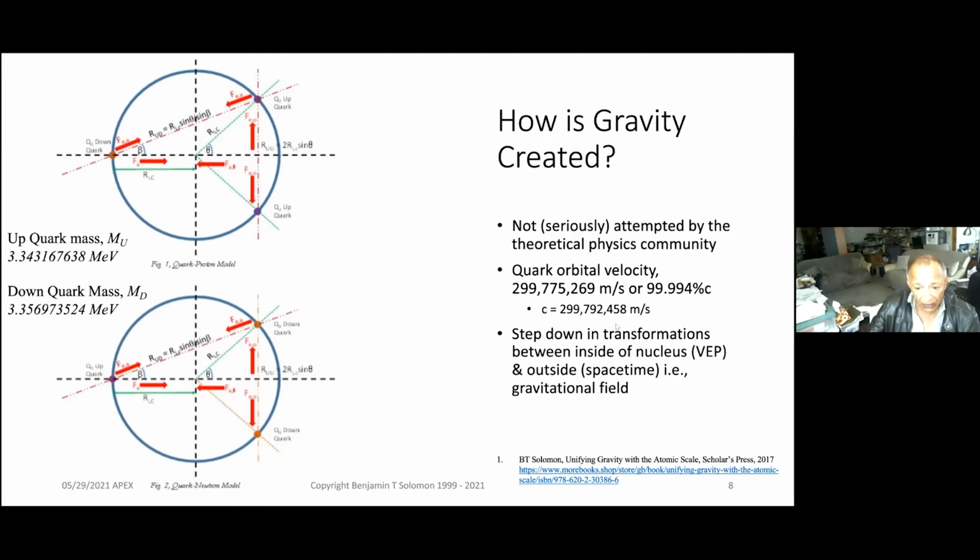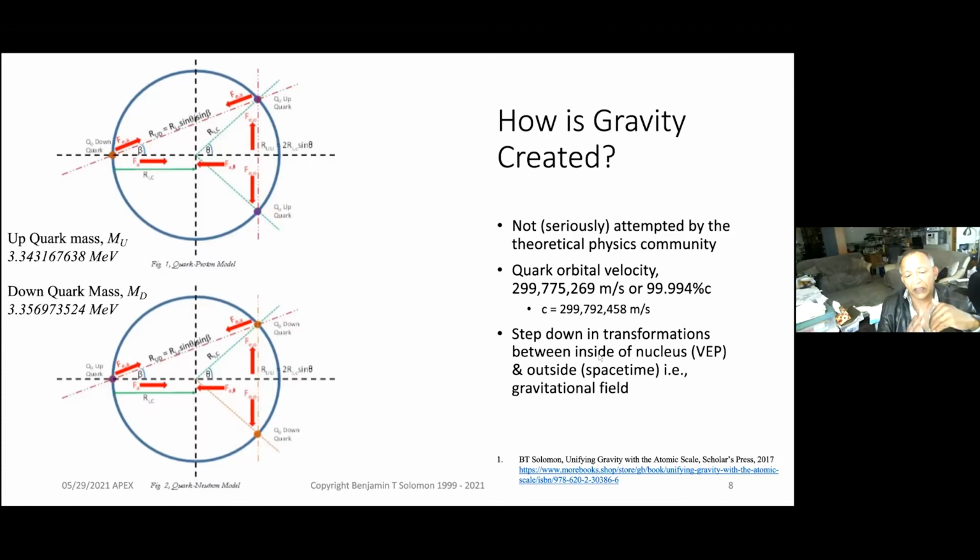So what I said was that to get the correct model using that variable electric permittivity matter, quarks are orbiting within the protons at 99.94% of C. And when you put that velocity in, you get exactly the mass of the proton and the neutrons, depending on the combination of up and down quarks. So that's an indirect proof that the original pre-2015 masses of up and down quarks are correct.